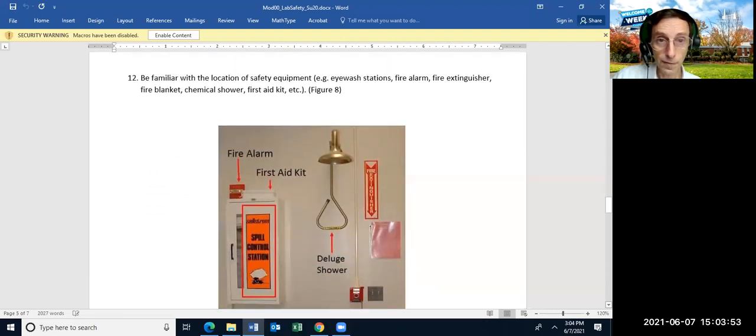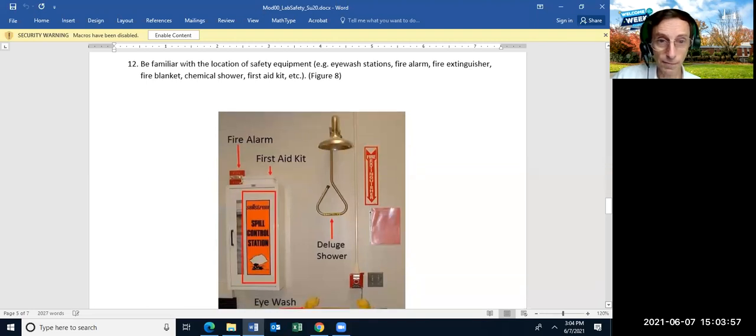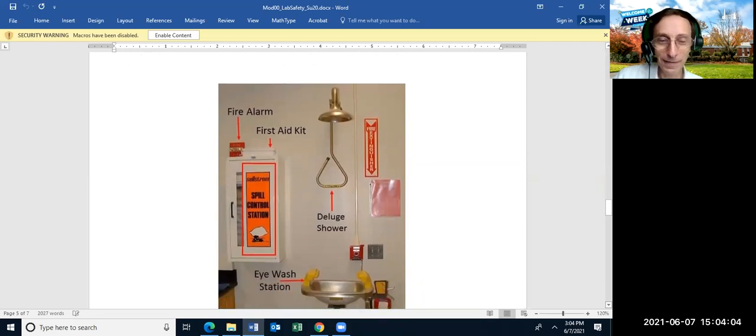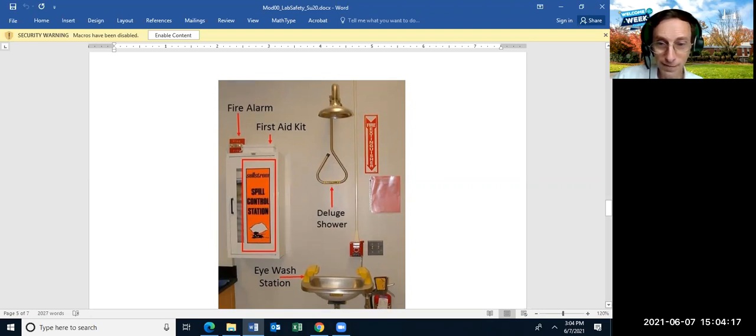You should know where the laboratory safety equipment is, and we do have a fire alarm. That's never been used in my lab. We have a laboratory shower too. If you ever spill acids on yourself, you can step under the shower. I've never had that used. A spill control station, an eye wash station.